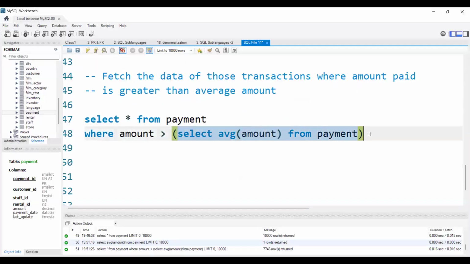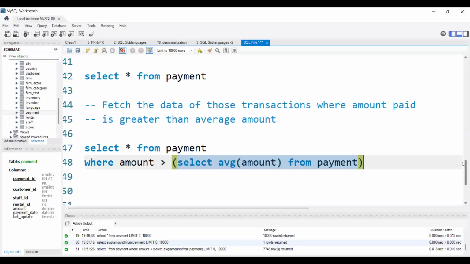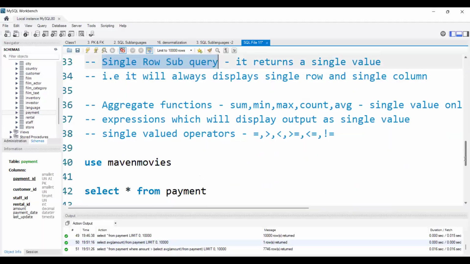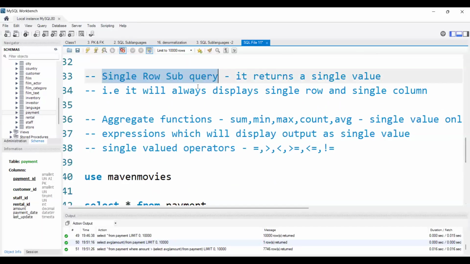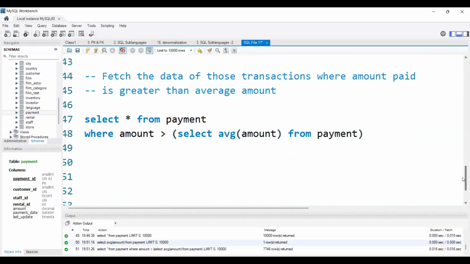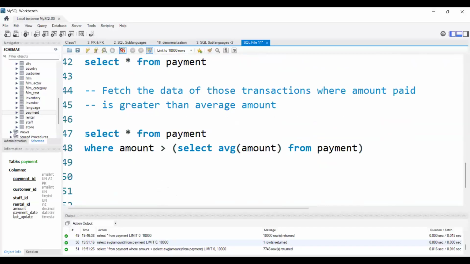If we use aggregate functions inside the subquery, that subquery is called a single row subquery, correct? Basically it returns a single value. If the subquery returns a single value as the output, that is considered a single row subquery. Basically, it will be possible with aggregate functions only.